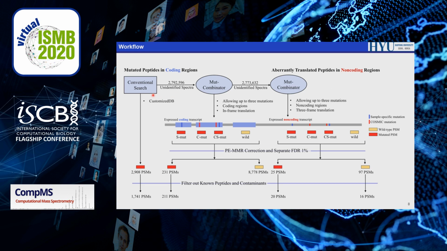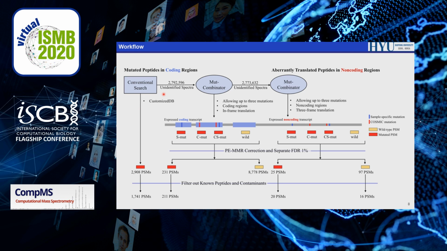The previous search strategy is denoted as conventional search. They used customized DB to identify mutated peptides. From the search, they identified 1,741 mutated peptide spectrum matches, PSMs, after removing non-peptides and contaminants.